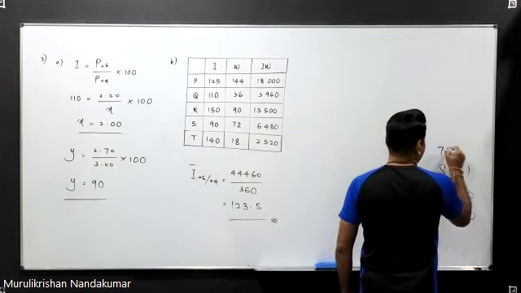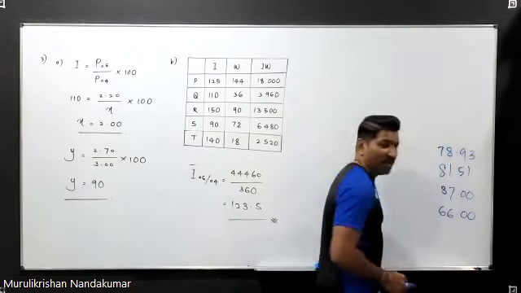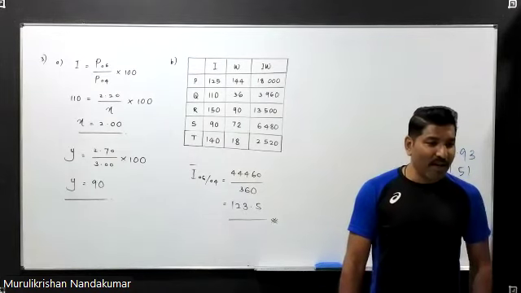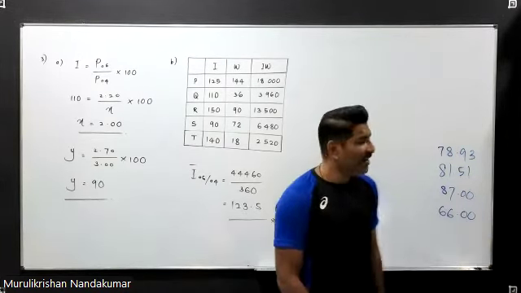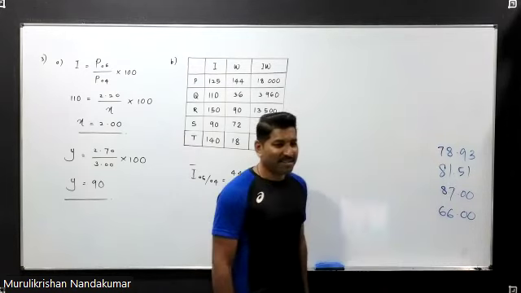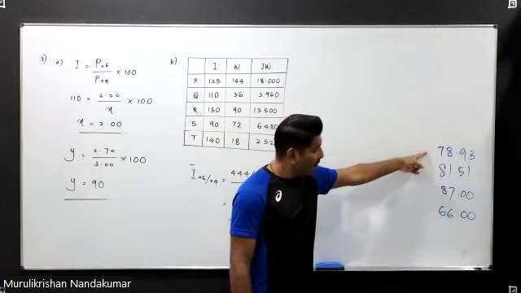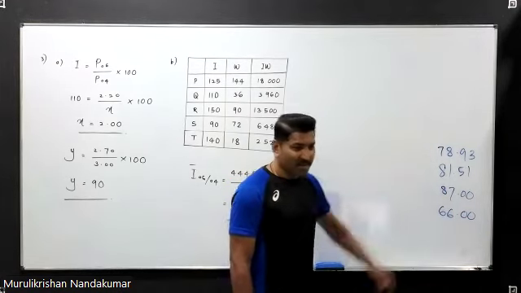Wow. Become multiple choice question. 78.90. Oh, 78.93 jadi famous pula. Okay. 78.93 is the highest. Highest means banyak orang bagi. This one 111.